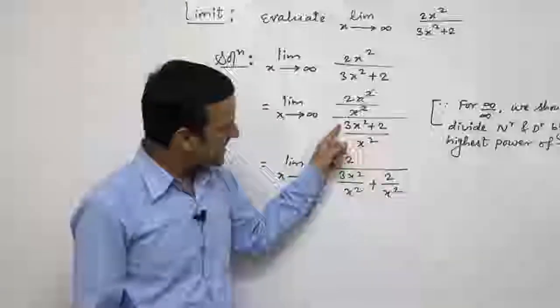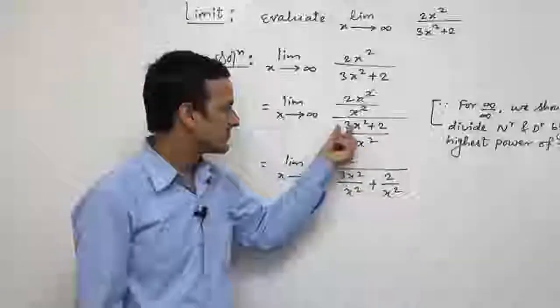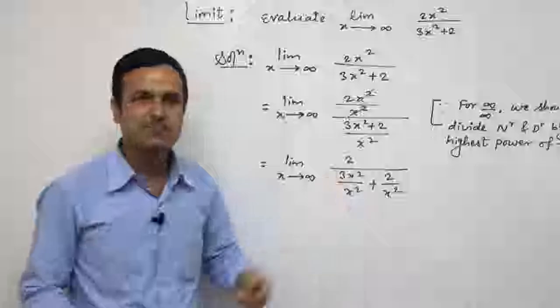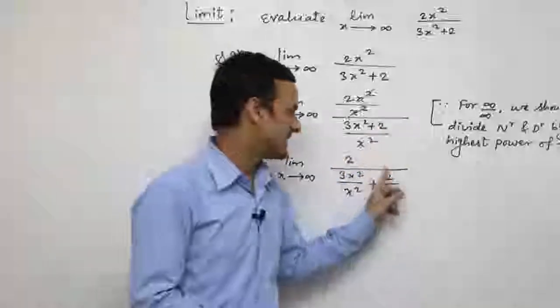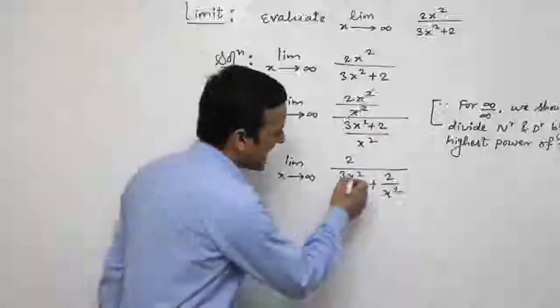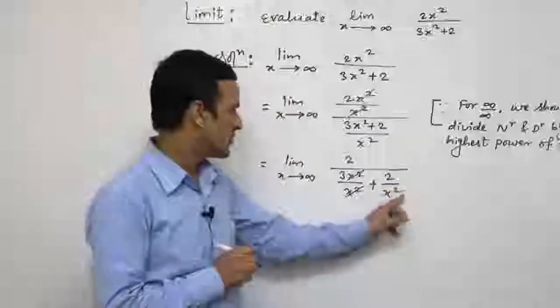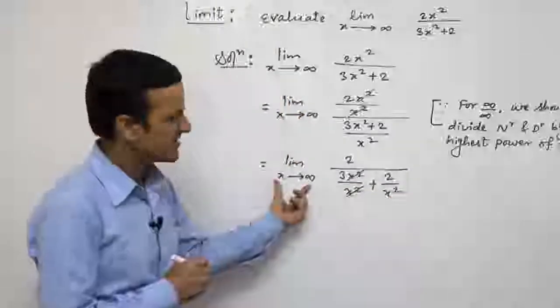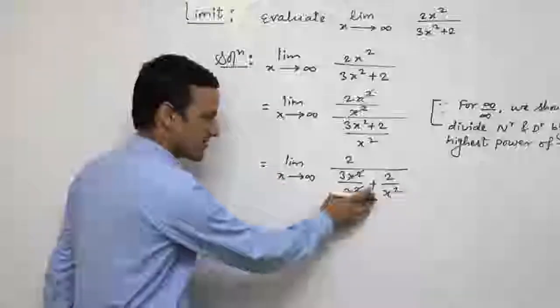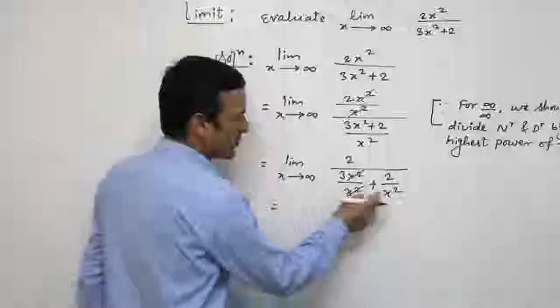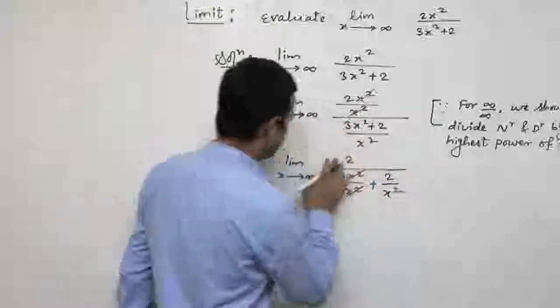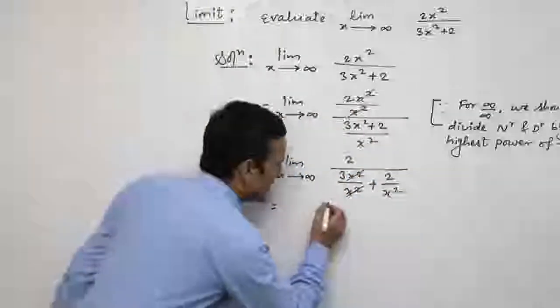Now we can cancel this term and this term, and in the remaining terms we can put the value of x. While solving this question, we put x is equal to infinity.